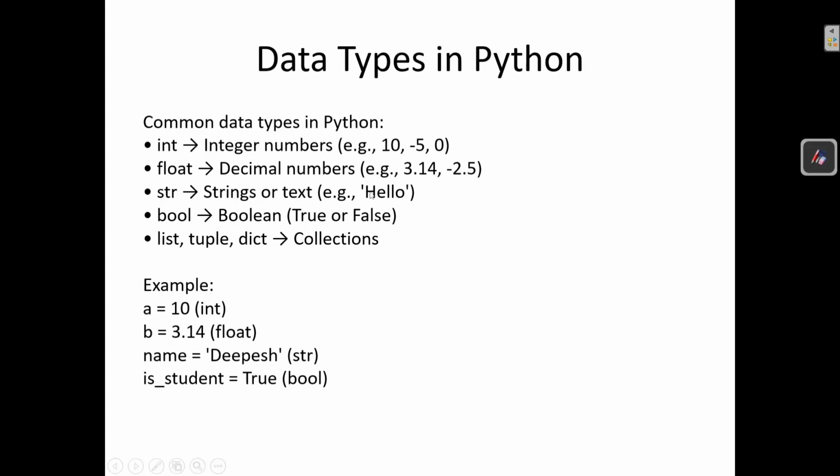You cannot write hello inside an integer, or true or false in an integer or float. So each value is defined by its own data type. There are so many data types: integer, float, string, boolean, list, tuple. These are the basic ones. So let's check an example on this.